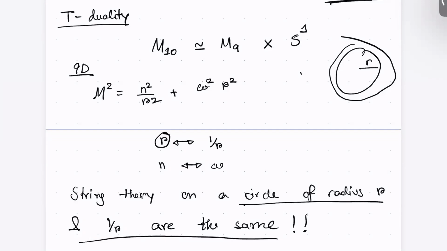So this is weird. We have a notion of a breakdown of geometry in some sense. We are not being able to perceive if we live in R or 1 over R. Yeah, but you have to choose the units because you're talking about m Planck scale.